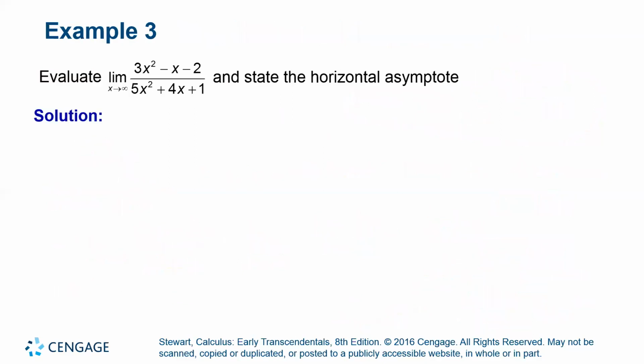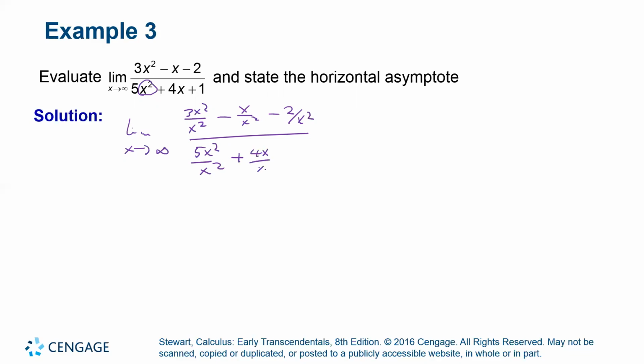Here we do the same thing. We have the limit as x goes to infinity, and because we look at the x squared here, we divide the numerator and denominator by x squared. So we have 3x squared over x squared minus x over x squared minus 2 over x squared, divided by 5x squared over x squared plus 4x over x squared plus 1 over x squared.